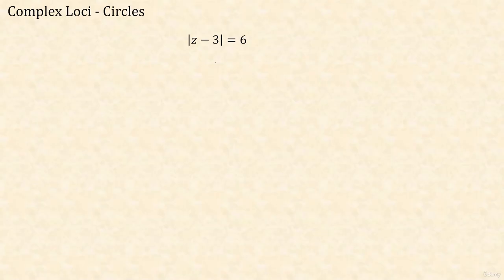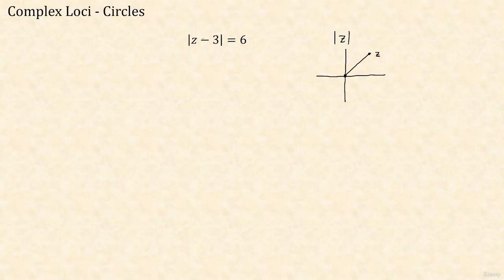What about this? Mod z minus 3 equals 6. Well, here's how you should interpret z minus 3. The modulus of z we can think about as being the distance to the origin. If here's z, then the modulus of z is that distance.